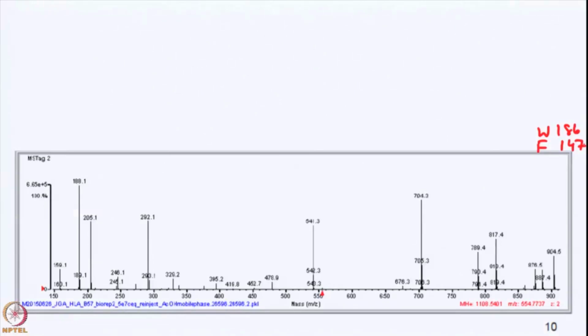This is consistent here with Y1 if this is tryptophan. 159 is also listed on the sheet that I gave you as an ammonium ion for tryptophan. This is 17 Daltons less, so that would be Y minus ammonia.